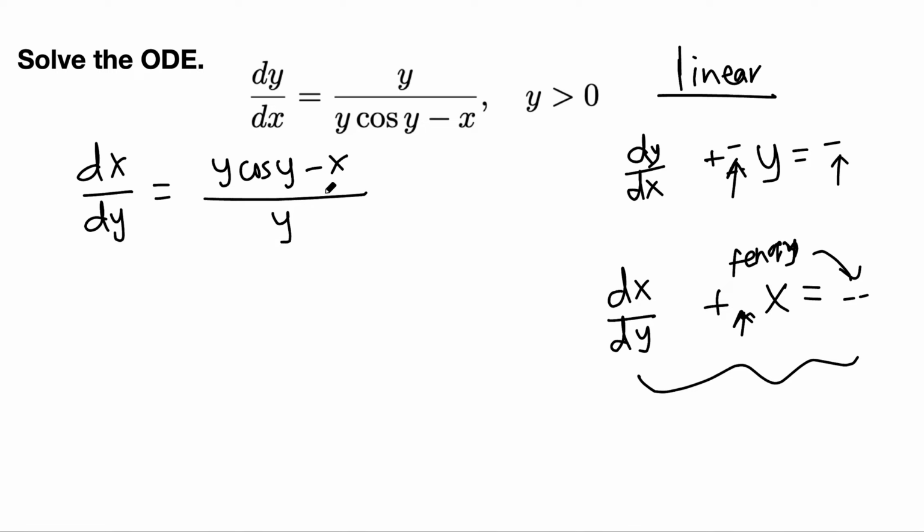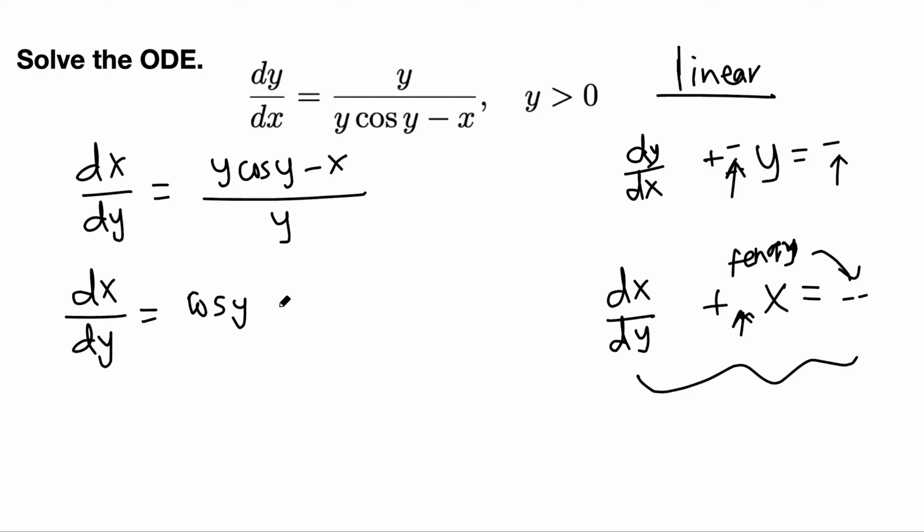Now we can separate into two fractions. Dx over dy equals y cosine y over y, and then minus x over y. In that case y cancels in the first fraction, so we get cosine y minus x over y.